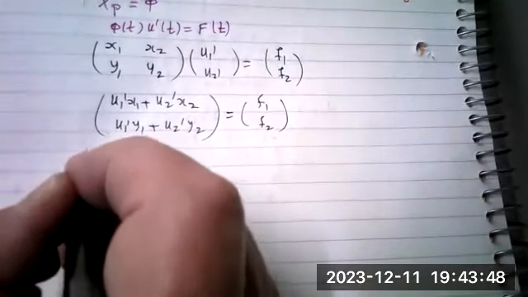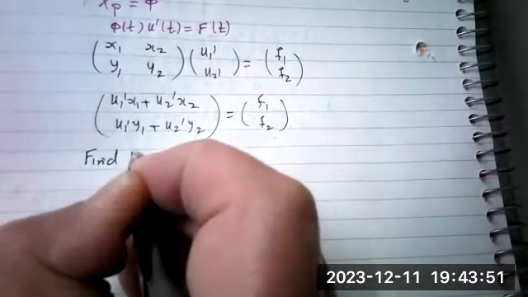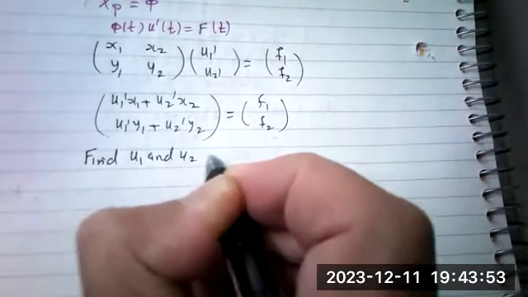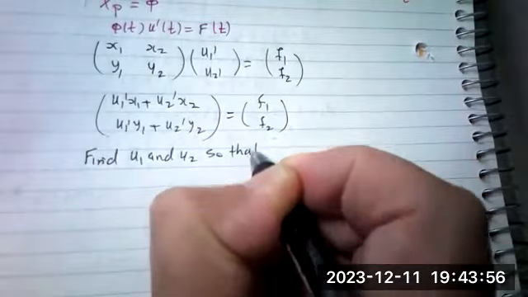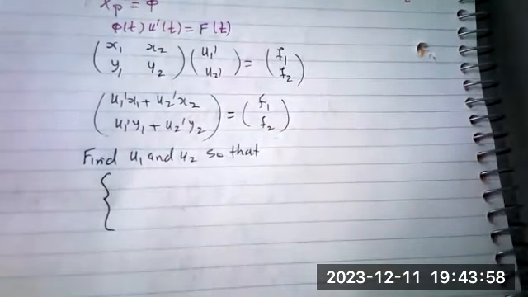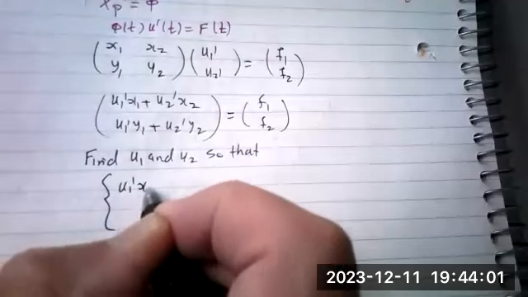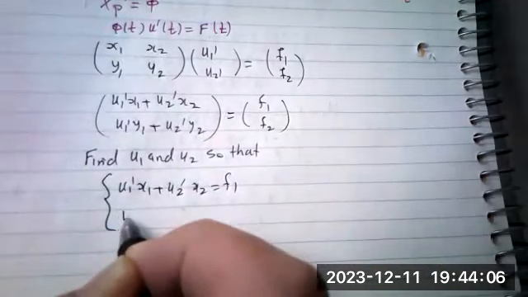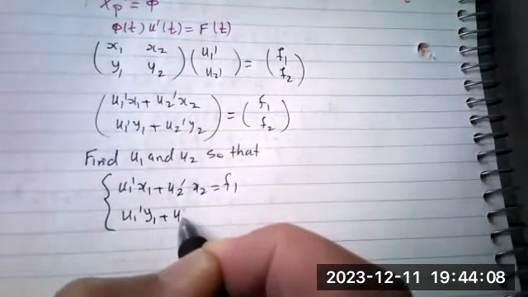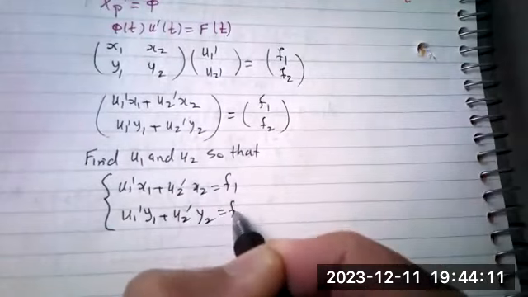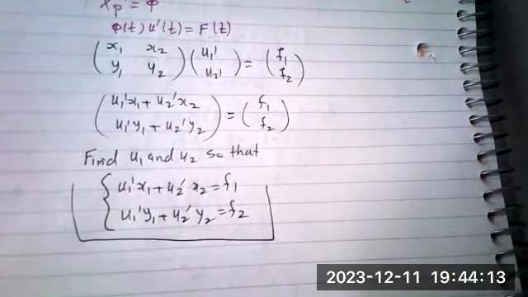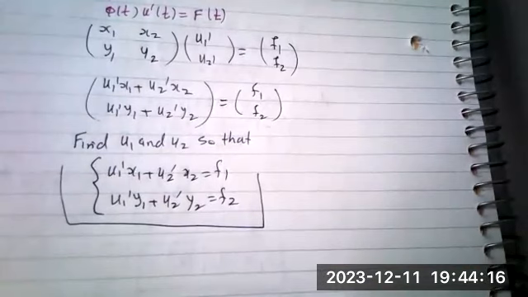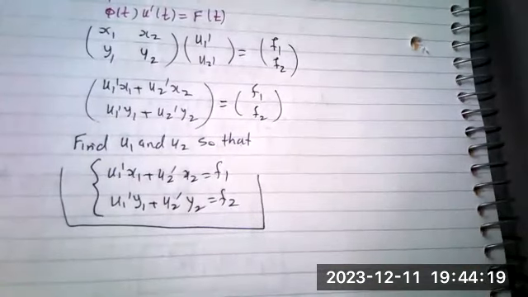You are going to find u1 and u2 so that this system of equations is satisfied: u1 prime x1 plus u2 prime x2 equal to f1, and u1 prime y1 plus u2 prime y2 equal to f2. So as soon as you want to use variation of parameters, you form this system of equations, you solve it for u1 prime and u2 prime, and you integrate, and then you're done.